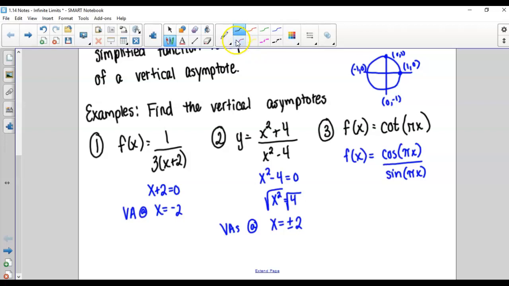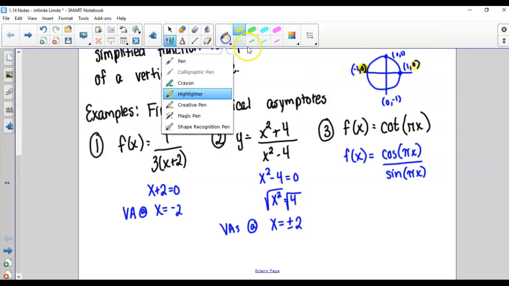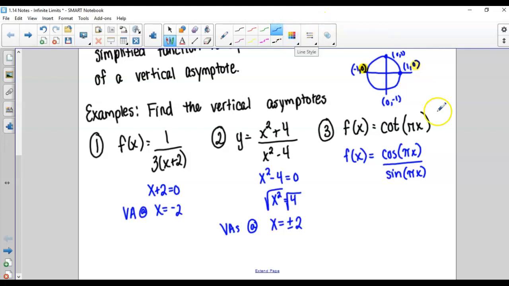So that y-coordinate is going to equal 0 right here and right here. And so that is at 0, pi, we can call it 2 pi if we wanted, 3 pi, 4 pi, 5 pi, and so on. So anything that's going to give us 0, pi, 2 pi, 3 pi, 4 pi, and so on is going to give us a 0 in the denominator.